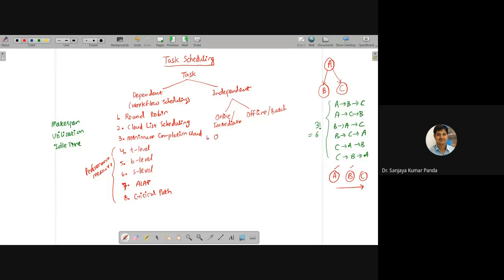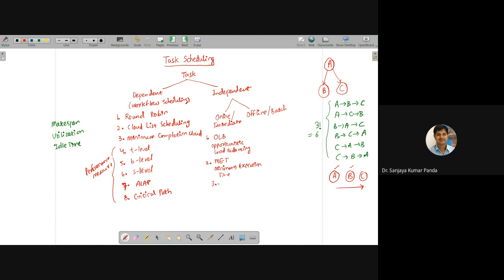So under online algorithms, we will see 5 different algorithms. One is called OLB, which stands for opportunistic load balancing algorithm. The second algorithm we'll discuss, which is a very famous algorithm, is called MET, which stands for minimum execution time.